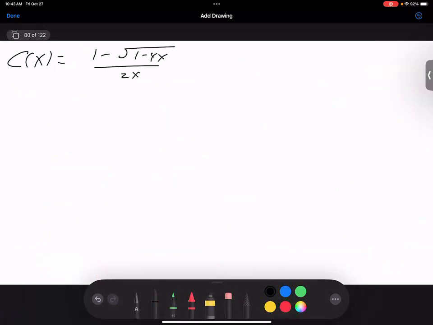Okay, and we know that the expansion of 1 plus x to the 1/2 looks like it's the sum, n goes from 0 to infinity of negative 1 to the, did we say to the n? And n minus 1. And then we had, was it 2 to the 2n minus 1 times n times 2n minus 2, choose n minus 1.